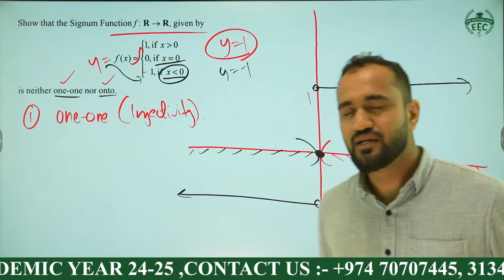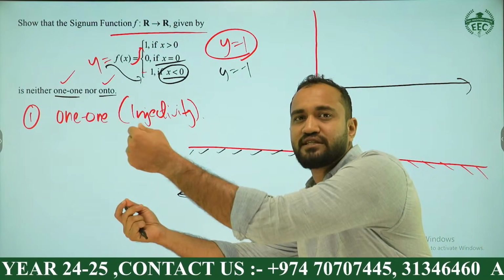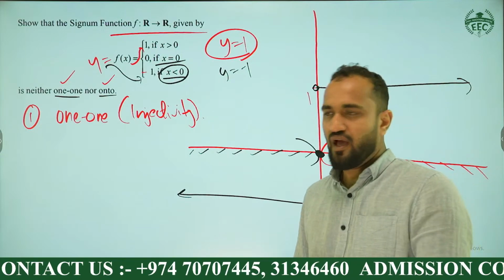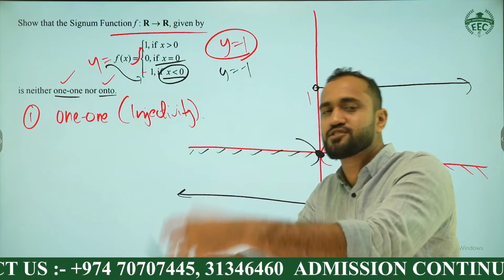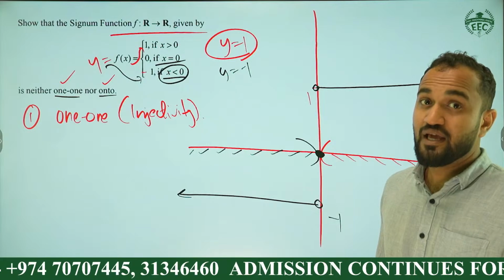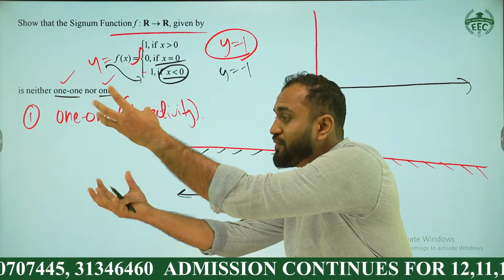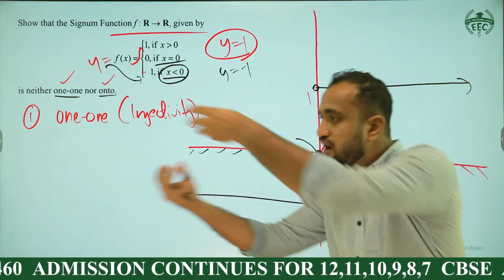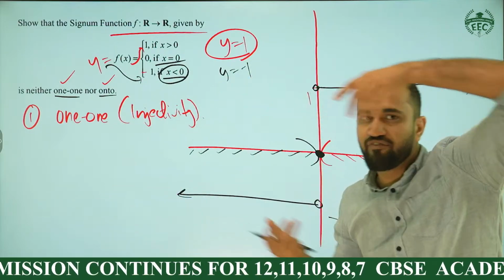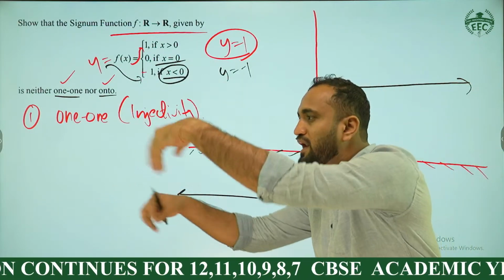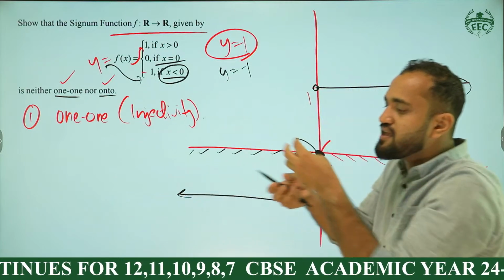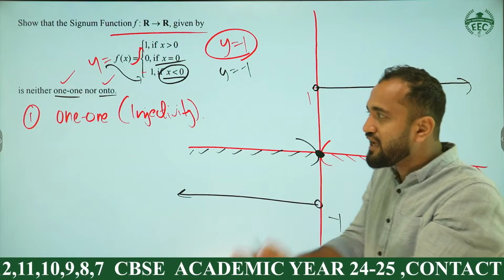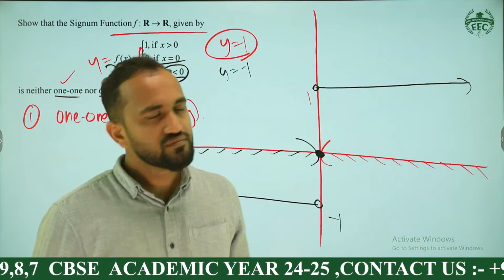It states that every distinct element of set X has distinct images in set Y. Every element has different images in the second set B, which means no two elements should have the same image. Everyone should have unique or different images. If we find two elements of set X having the same ending point, the same terminal point in the second set, it means that they are not 1, 1.